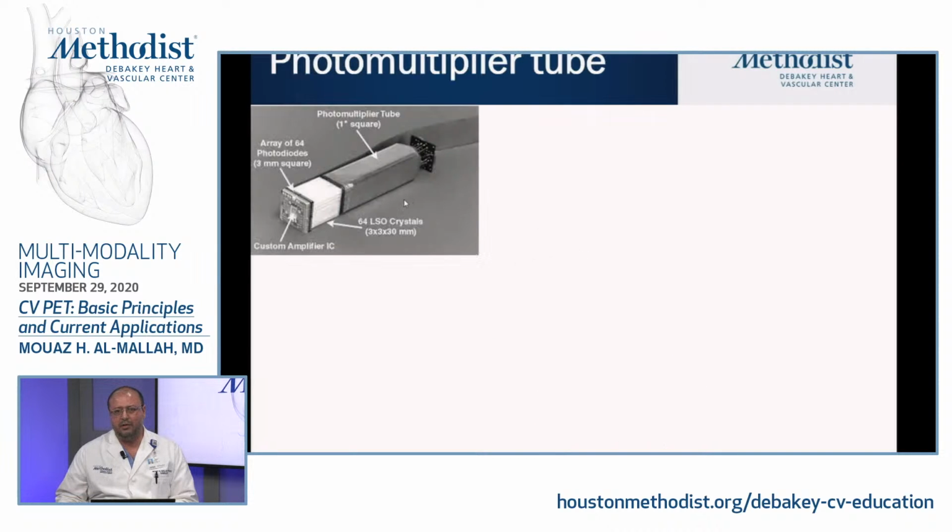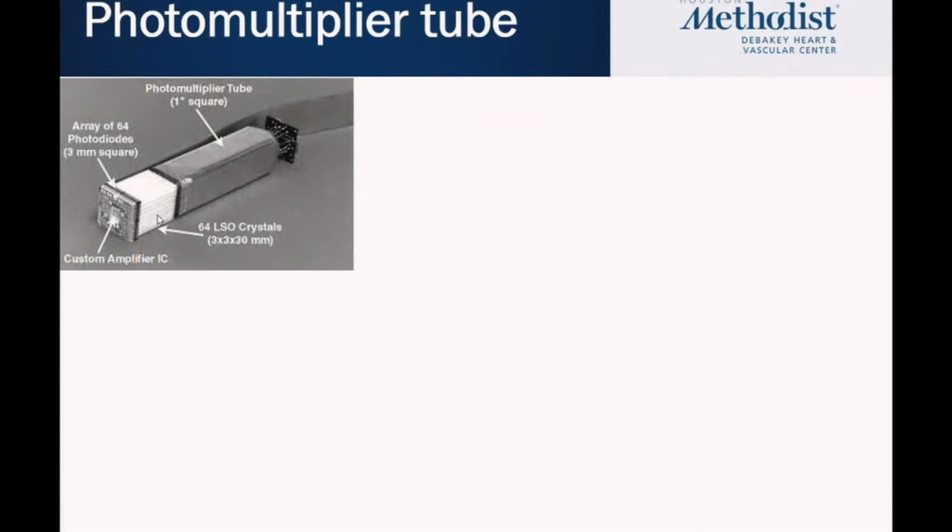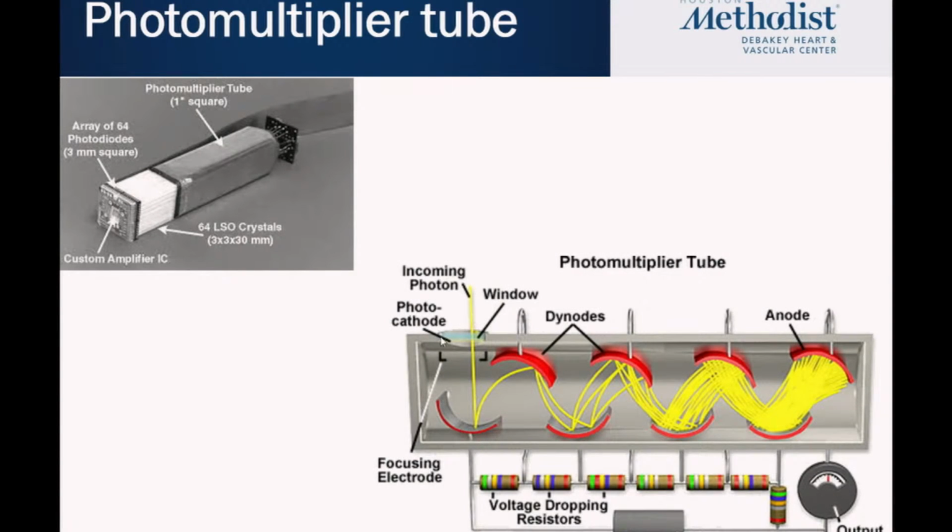So let's move on to the photomultiplier tube, and you heard from Dr. Mamarian last week about the same concept. In SPECT you have sodium iodide, and then you have the photomultiplier tube. In PET you have the LSO detector and then the photomultiplier tube. And this representation shows you how it got its name. When you get an event, it goes inside the photomultiplier tube as one ray, and now it's multiplied into multiple layers.